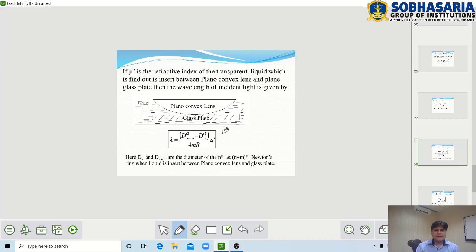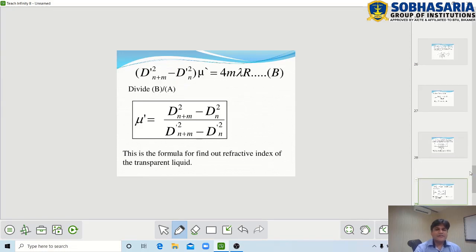Similarly, D dash n plus m is the diameter of the (n plus m)th dark Newton ring, capital R is the radius of curvature of the plano convex lens, and m is an integer with values 1, 2, 3 and so on. After cross multiplying, we get D dash n plus m square minus D dash n square, multiplied by mu dash, equal to 4 m lambda R.